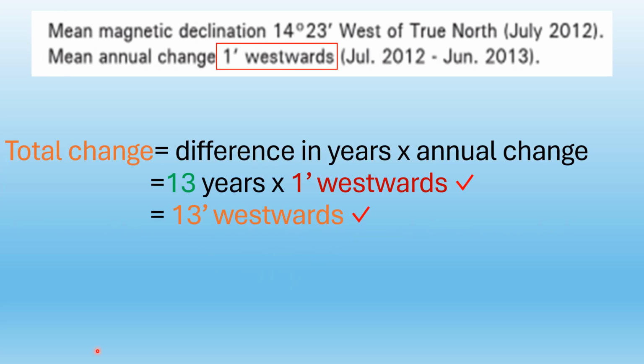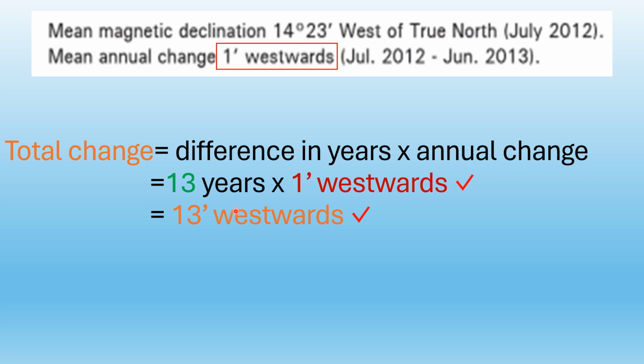The next important step in our calculation is to work out the total change. What this refers to is to try and determine by how much magnetic north has actually moved in relation to true north. Total change is calculated by taking the difference in years and multiplying it with the annual change.